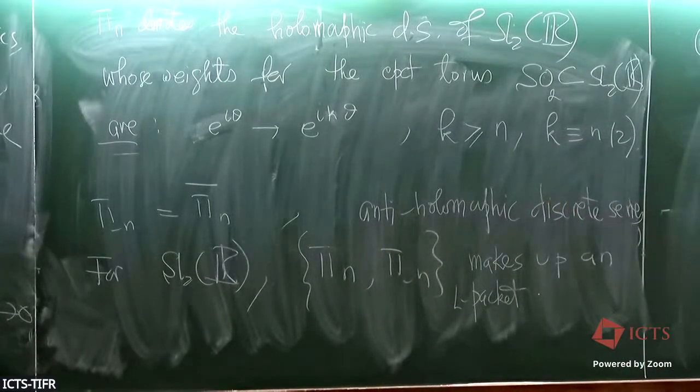These are discrete series for n greater than or equal to 2, and there is what is called the limit of discrete series for n equals 1, modular forms of weight 1: pi 1, pi minus 1.